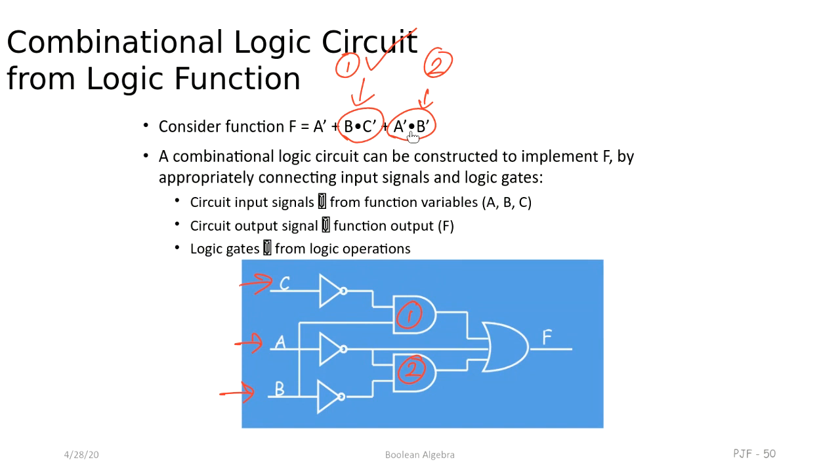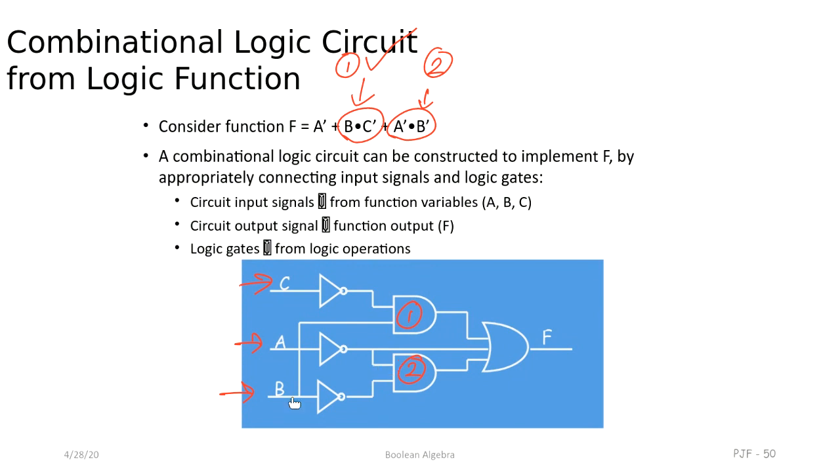So this is A inverse dot B inverse. So the number two AND gate is performing that. Now A is coming from here and you are putting a NOT gate in between so that it inverts the input, and then it is going into this AND gate. Follow my hand symbol so you will understand.